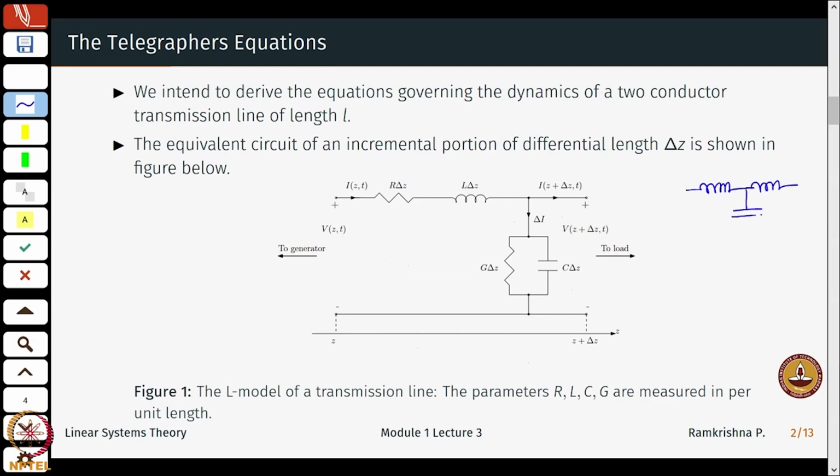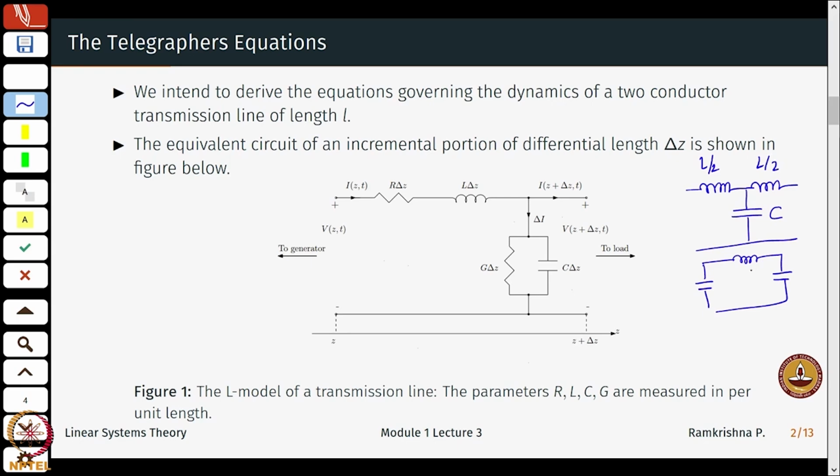I just ignore the dissipative elements here. We also had something called the pi model, which was maybe something like this, where the entire capacitance was clubbed into just one single capacitor. The inductors were distributed into two, L by 2 this side, L by 2 this side.